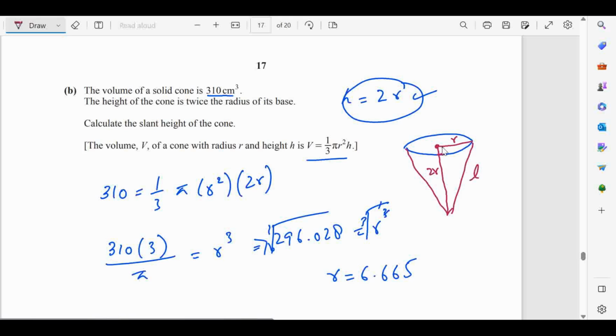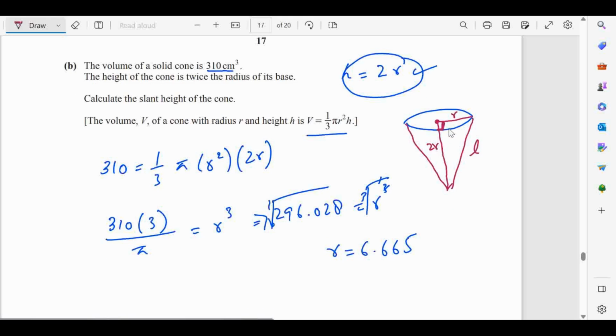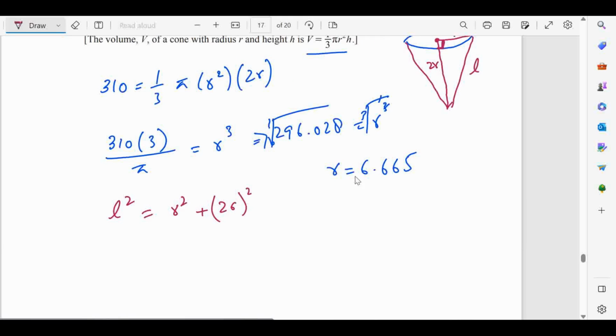We know that this is a right angle triangle, so we can use the Pythagoras theorem. Slant height square will be equal to base square plus perpendicular or the height square. This is a right angle triangle. The height is 2r and the base is r, and we need to find the slant height.